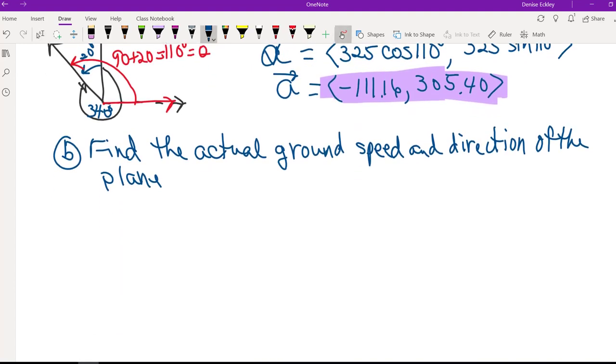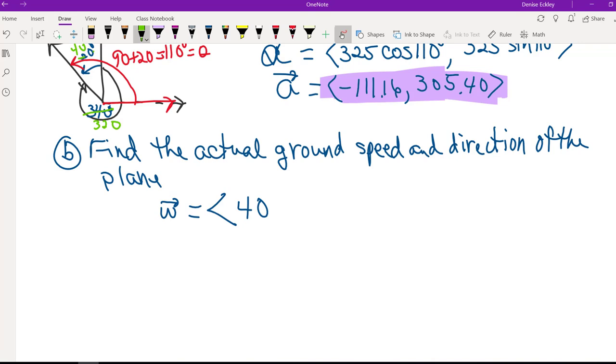So let's make a vector for the wind. So the wind, called W, is going to be 40, angle bracket, because we're at 320. So it'd be the same kind of picture here, except this would be 320 and that would now be 40. I'm sorry, yeah, that would be 40, which is the speed.